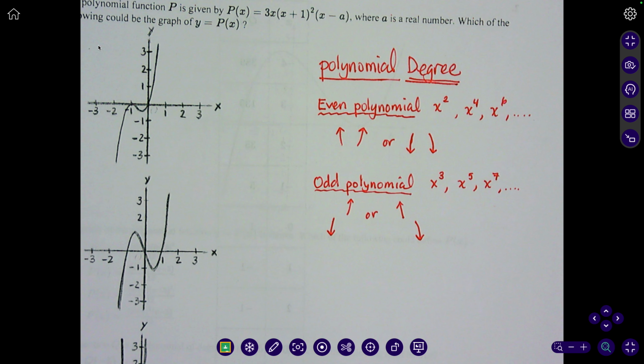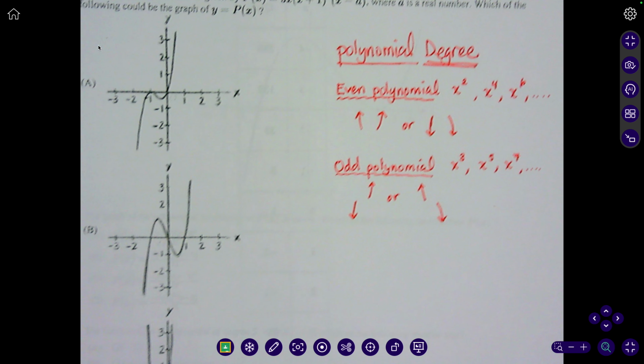Okay, so let me ask you this. Let's talk about multiplicity. Based on this, what do you think you can eliminate?